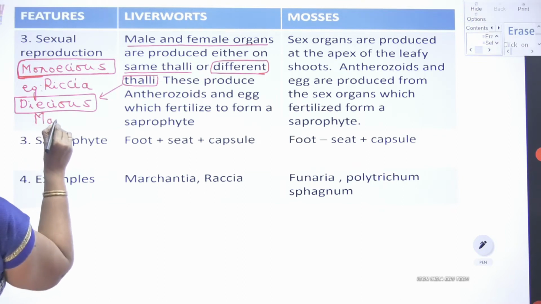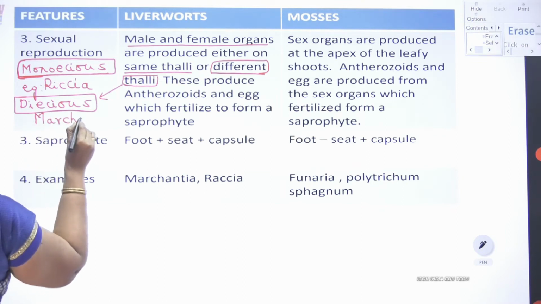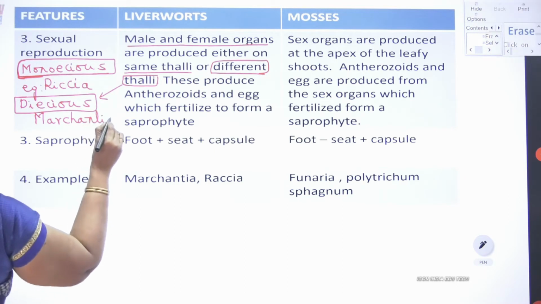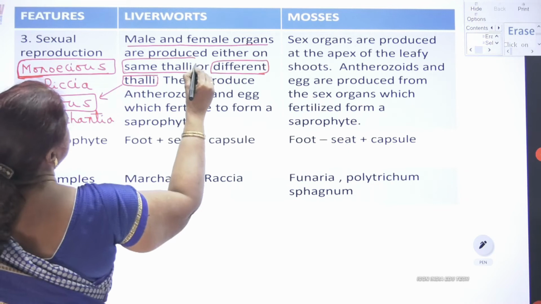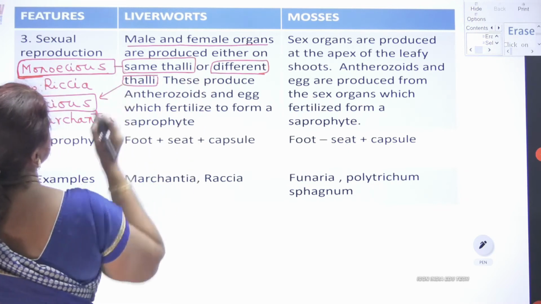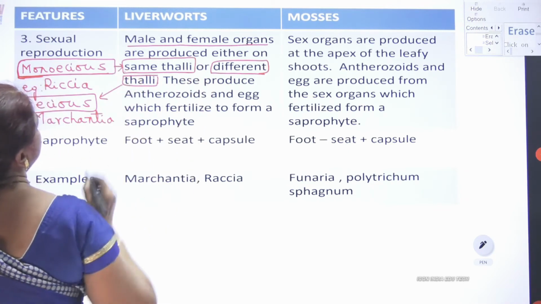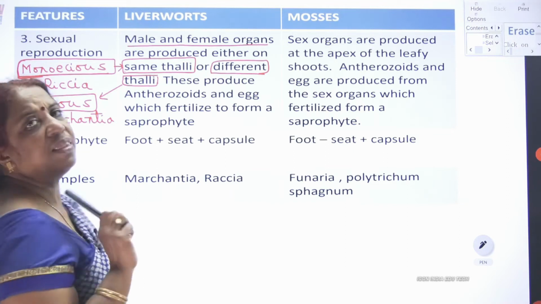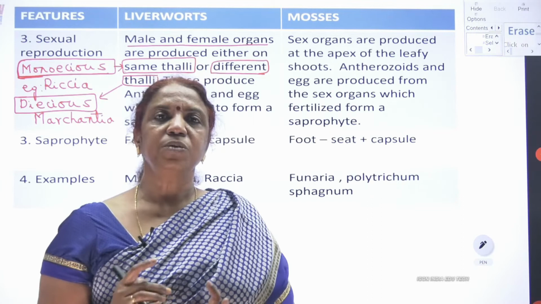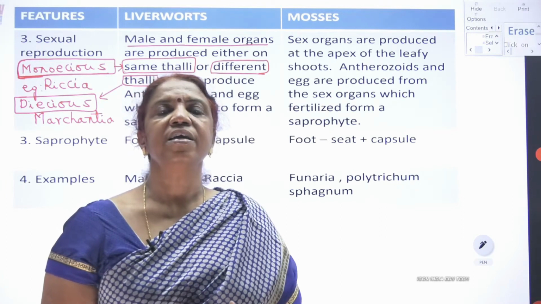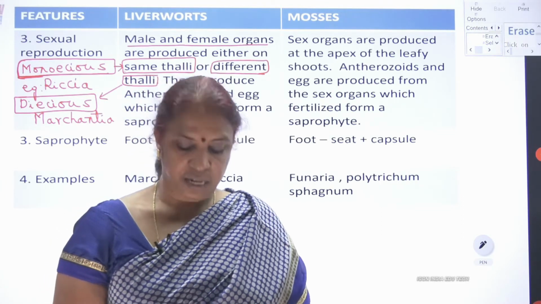So if antheridia and archegonia are present on the same thallus, it is monoecious, and if on different thalli, it is dioecious. In a question, the monoecious plant is Riccia and the dioecious plant is Marchantia.